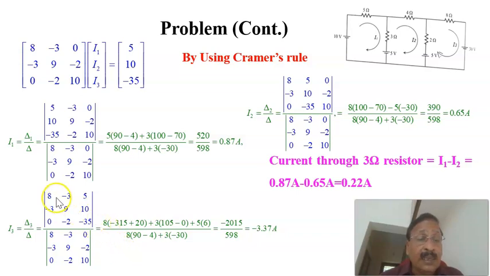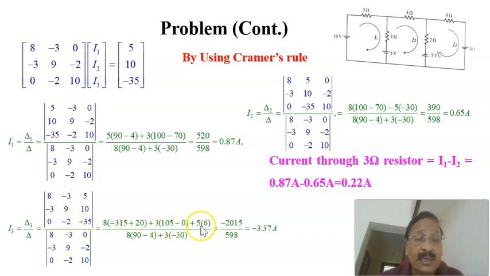Here we will be getting 8 into, multiply this one, and minus of this one, we get minus 315 plus 20. Then again here minus 3 is there, therefore minus minus 3 means plus 3. Plus 3 into this one, minus 3 into minus 35, that is 105 minus 0, therefore 105.